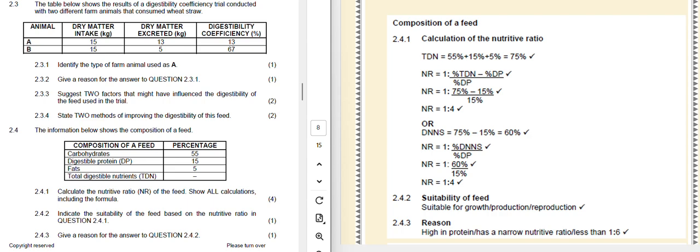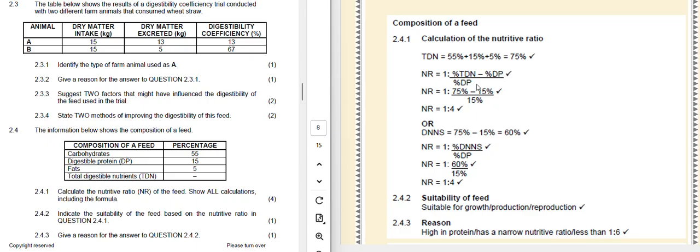2.4.1, calculate the nutritive ratio of the feed. Show all your calculations including the formula. Okay. So TDN, this is the formula. The nutritive ratio is equal to 1 is to the TDN minus the DP all divided by the DP.